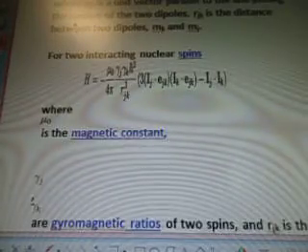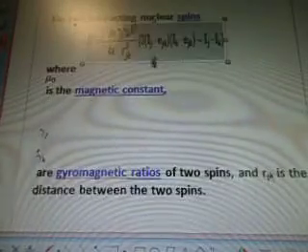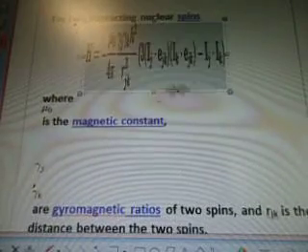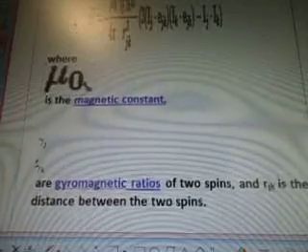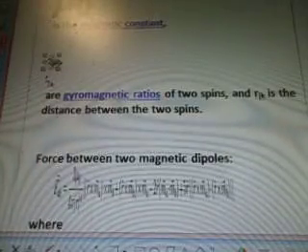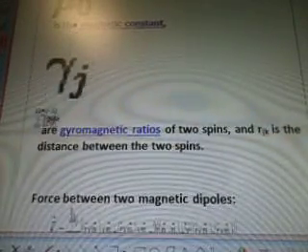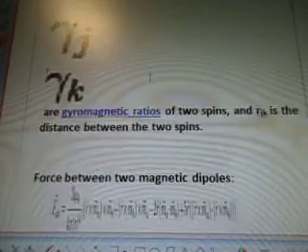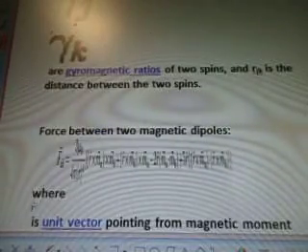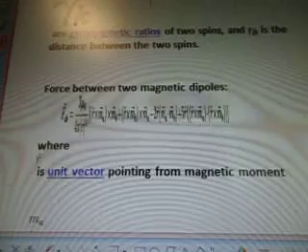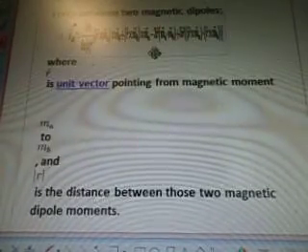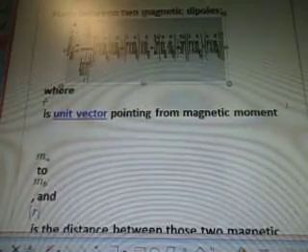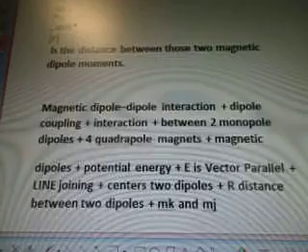For two interacting nuclear spins, this is the calculation, where that is the magnetic constant, and then it has these symbols here. Looks like gamma_j, gamma_k, are the gyromagnetic ratios of the two spins, and r_jk is the distance between the two spins. Force between the two magnetic dipoles, where r is the unit vector pointing from the magnetic moment.